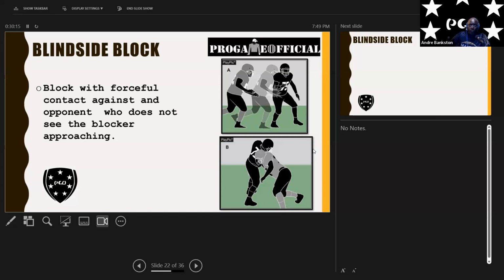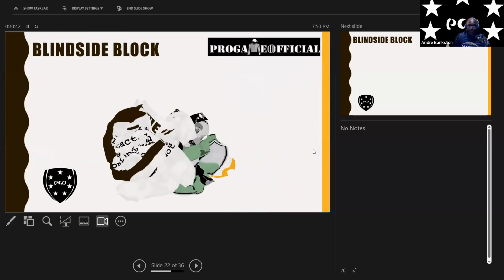It's about risk management, and although it gives you the big hoo-ha factor, if it's for the youth, if it's for the kids, it's been doing a lot of damage, not only to the one getting blocked, but the one doing the blocking. So this is illegal. Now, is a blindside block illegal? No. But this contact is illegal. How do we make it illegal?